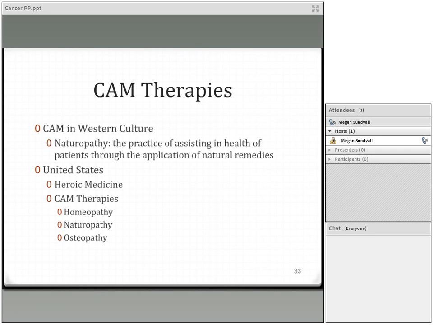So this is aggressive medical practices based on scientific principles. We also see different types of CAM therapies, homeopathy, so use of remedies without chemically active ingredients. Osteopathy, which is a full spectrum of treatment. So they're going to use medications, surgery, and manipulation. So those three components are included in osteopathy: medications, surgery, and manipulative techniques.